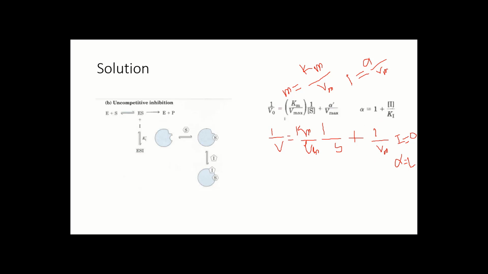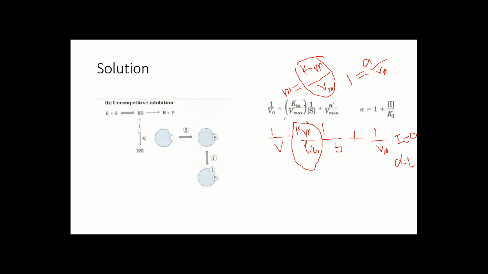So if you compare the absence and the presence of inhibitor, the slope is the same. Here the slope is Km/Vmax, and in the presence of inhibitor also, the slope is Km/Vmax, right? It is the same. So as the slope is the same, the lines in the absence and presence of inhibitor will be parallel.